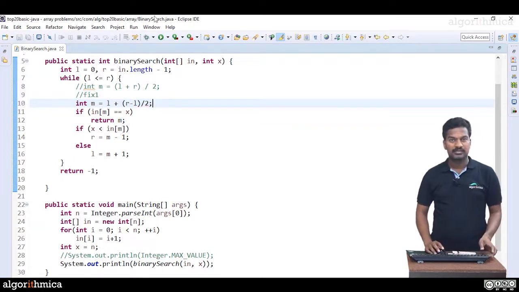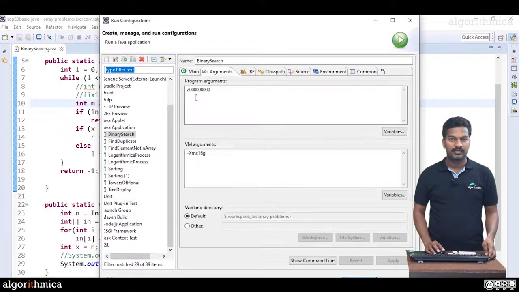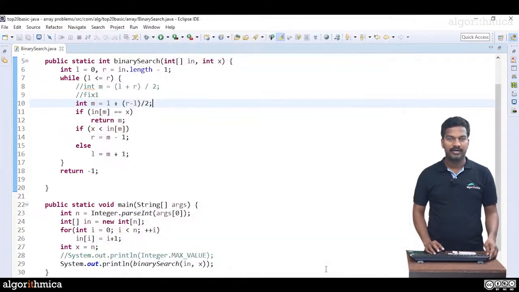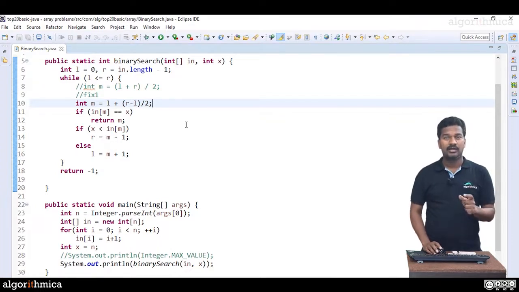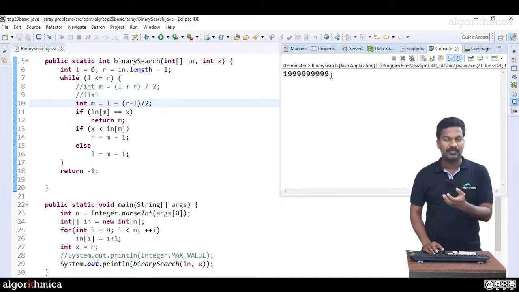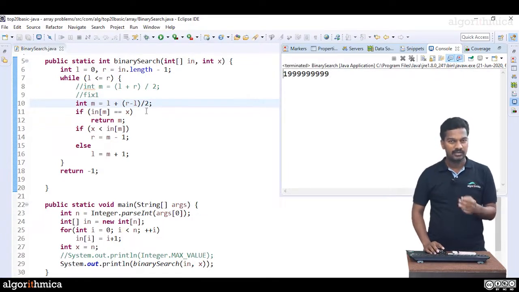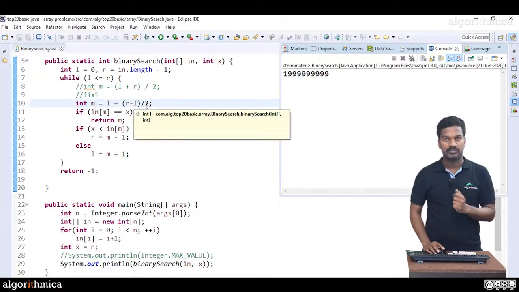Same test case, we have given 2 billion as the size of the array. Now let me see whether we get index out of bounds or the correct result. Now you can see there's no exception, and we know that since we're searching for the last element, the 2 billion minus 1th index is what you're actually getting. So this is how L plus R minus L by 2 gives the correct solution.